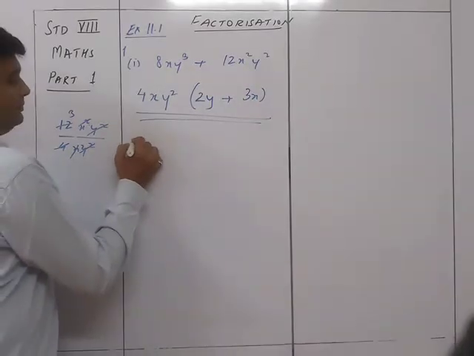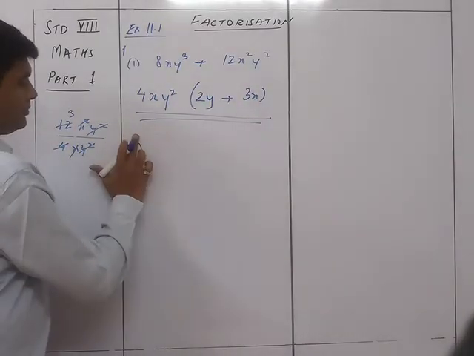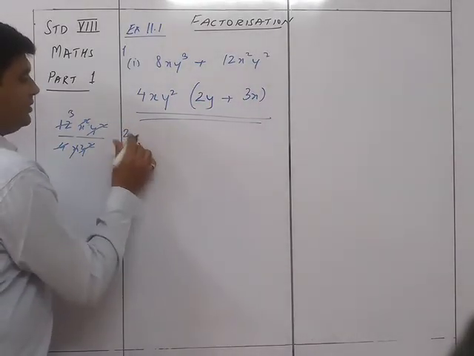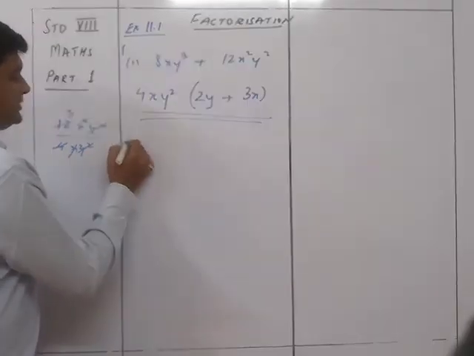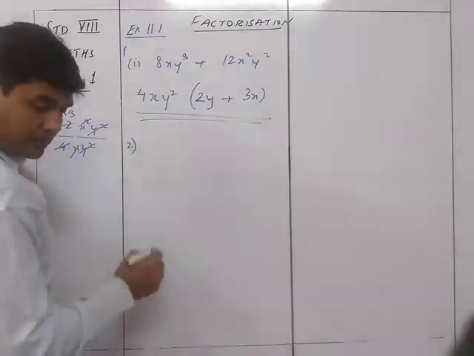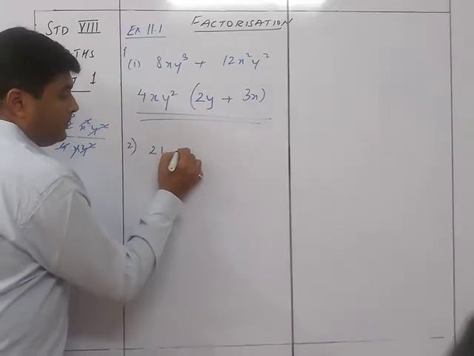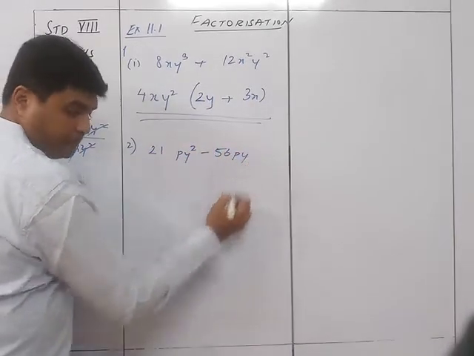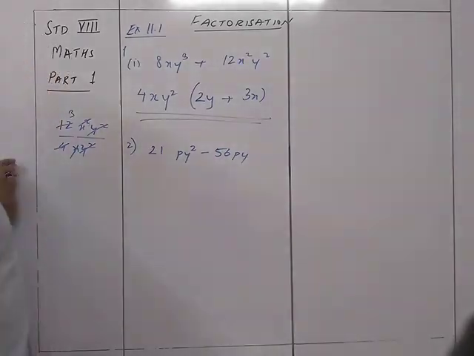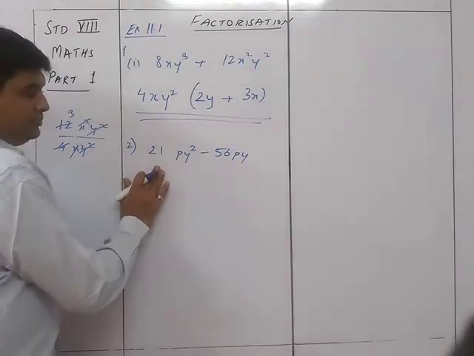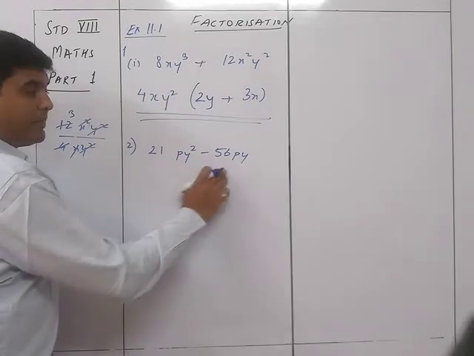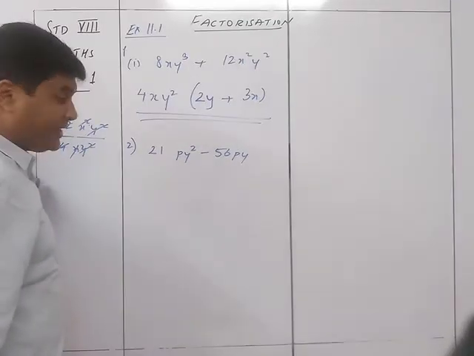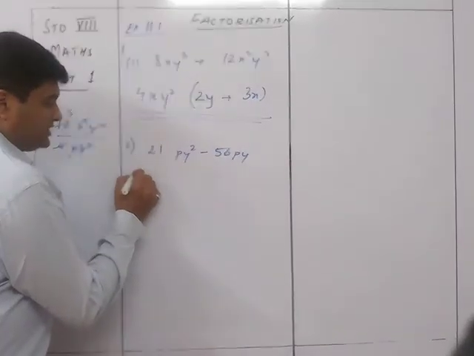Let's see the second sum. Second का second. I just write second over here. Second का first लिखने की जरूरत नहीं है. 21py square minus 56py. So 21 and 56, what is common between them? 7 is common between them.